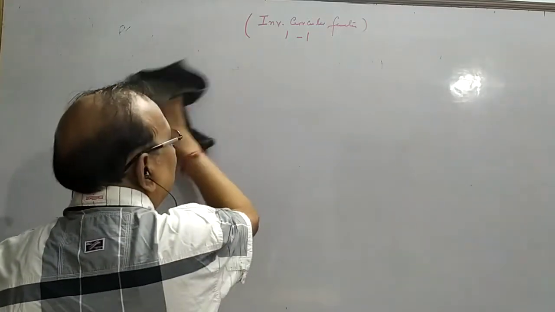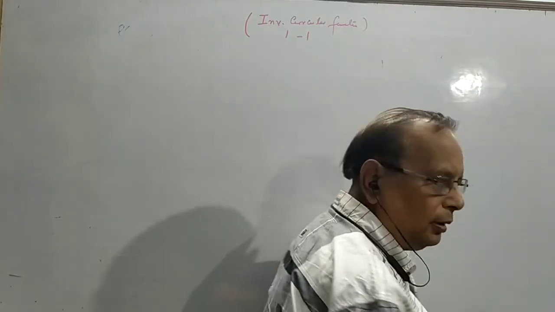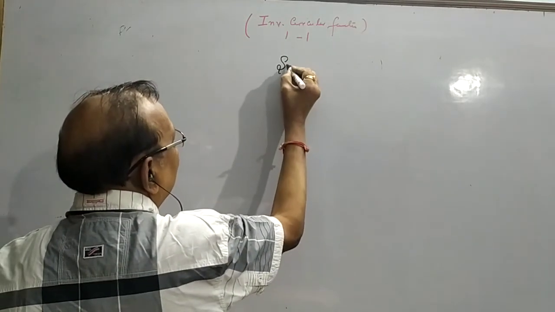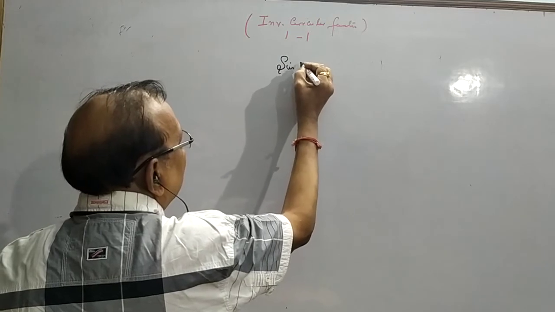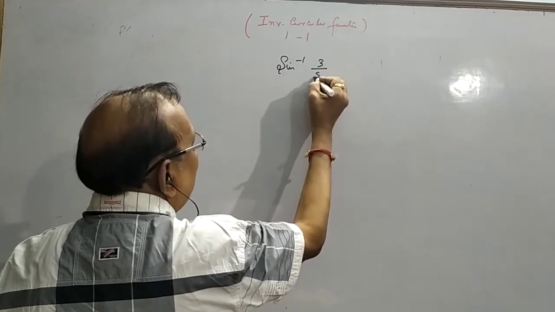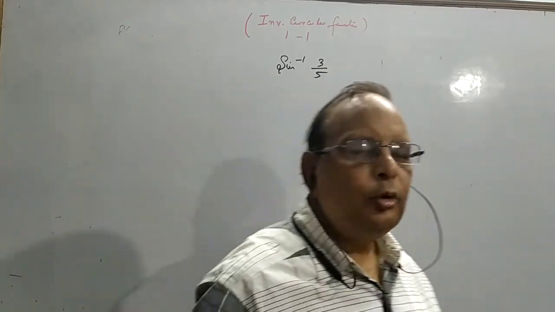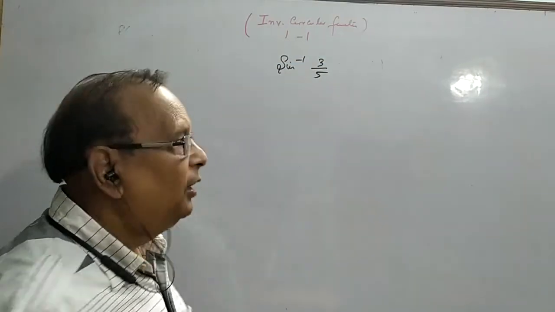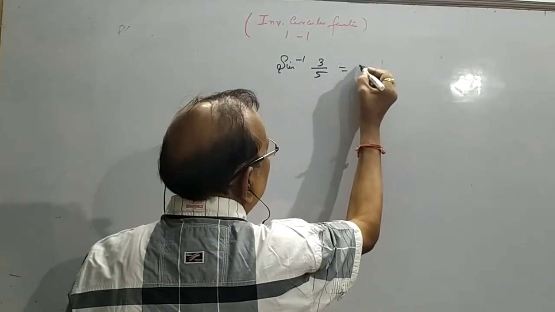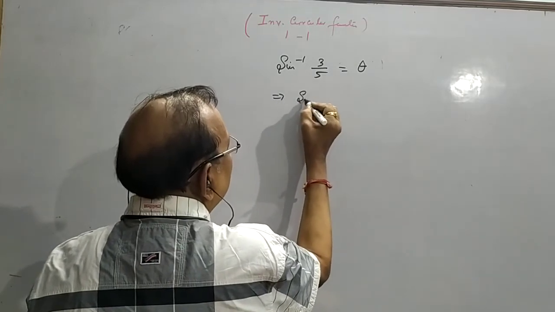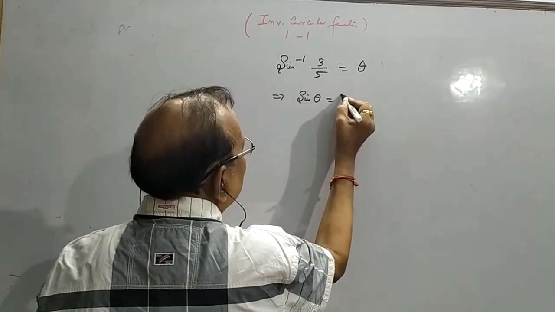Now, suppose we have to convert sine inverse 3 upon 5. How will you convert this into cos inverse or tan inverse, etc.? So let us consider it equal to theta. We have to write sine theta is equal to 3 by 5.